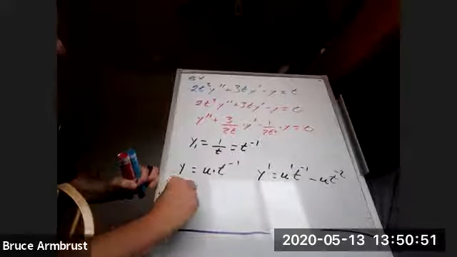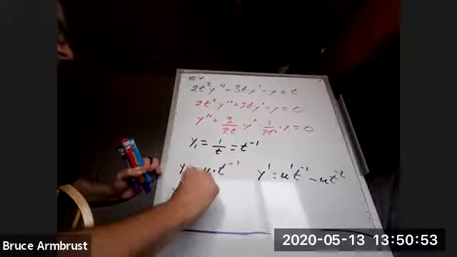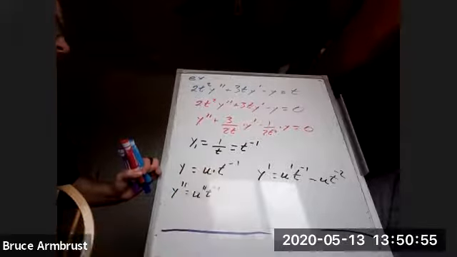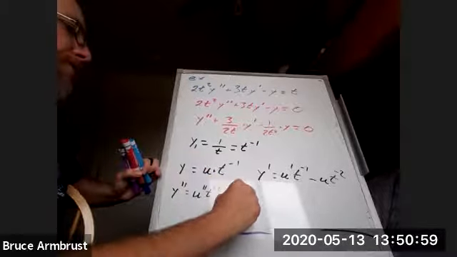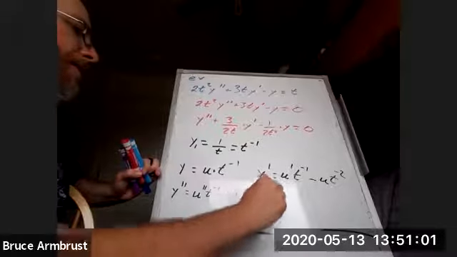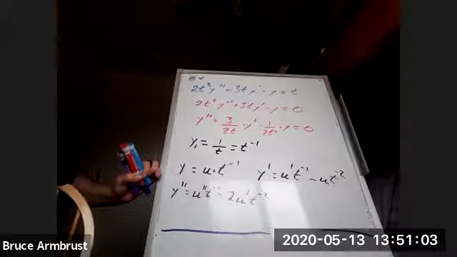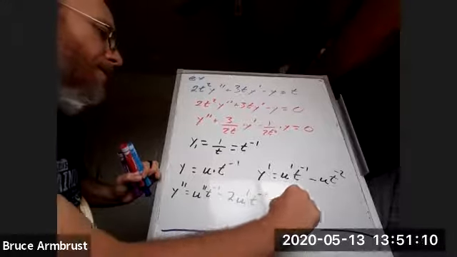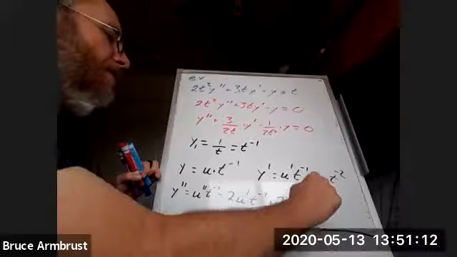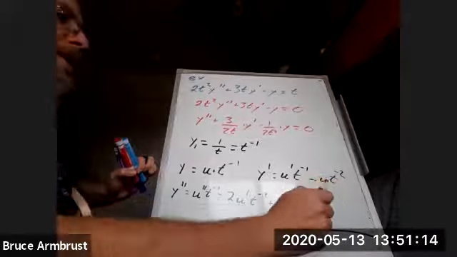And then y double prime, that's going to be u double prime t to the minus 1. We're going to get minus 2 u prime t to the minus 2. And then we're going to get plus 2 times u times t to the minus 3.